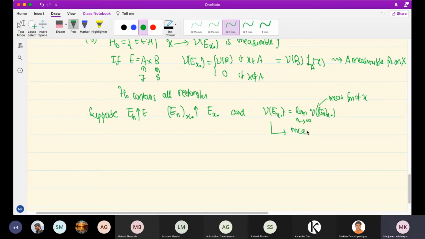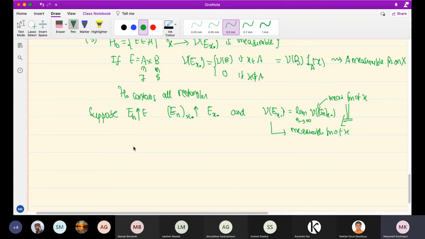So it is a measurable function of x, because it's a limit of measurable functions. So this part is okay because it was increasing to E, this was fine.